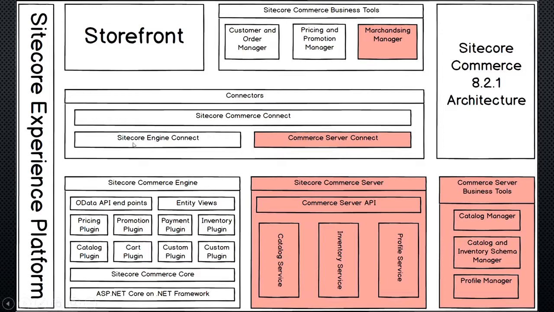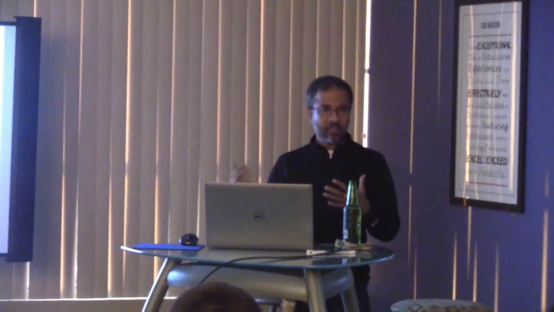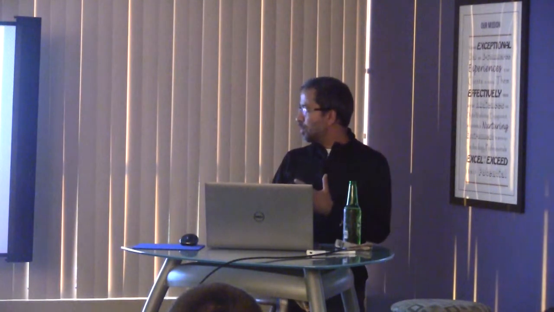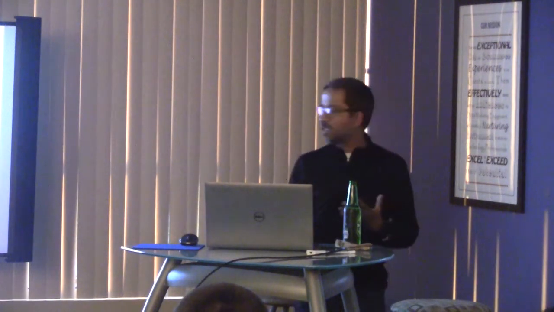If it talks to Sitecore Engine Connect, it will go to Sitecore Engine, and Sitecore Engine, first of all, is REST APIs. So it uses OData API endpoints. So you can talk to anything in Commerce Engine using OData.